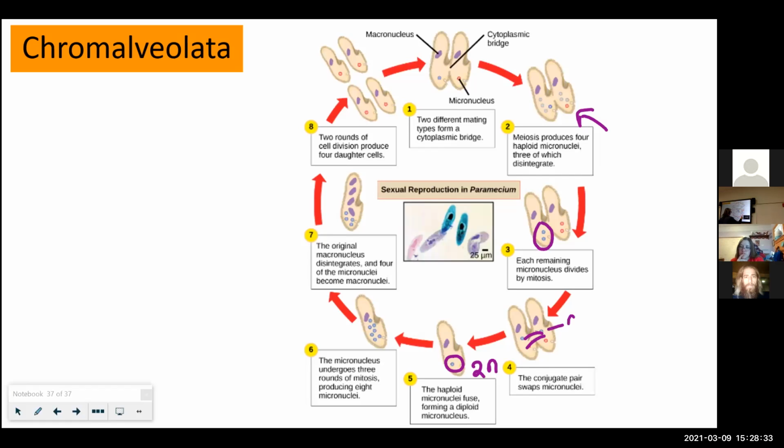These are all haploid at this point. They undergo 3 rounds of mitosis to produce 8 micronuclei. The original macronucleus disintegrates. 4 of the micronuclei become macronuclei, 4 are micronuclei, and then 2 rounds of cell divisions produce 4 daughter cells, each of which has 1 macronucleus and 1 micronucleus.